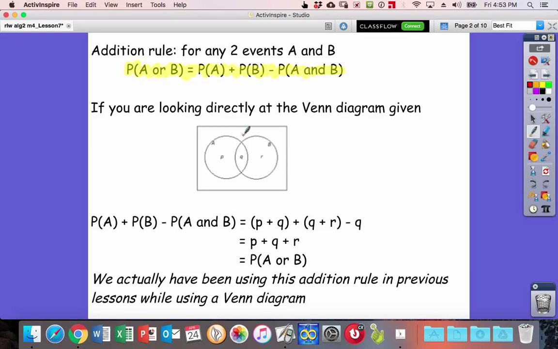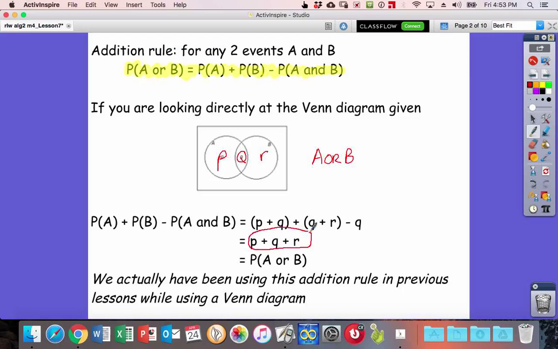When we had those Venn diagrams, and you had this is P, let's say that's Q and that's R, when we wanted to know the probability of A or B, we just said it's P plus Q plus R. We did that in all the previous lessons.